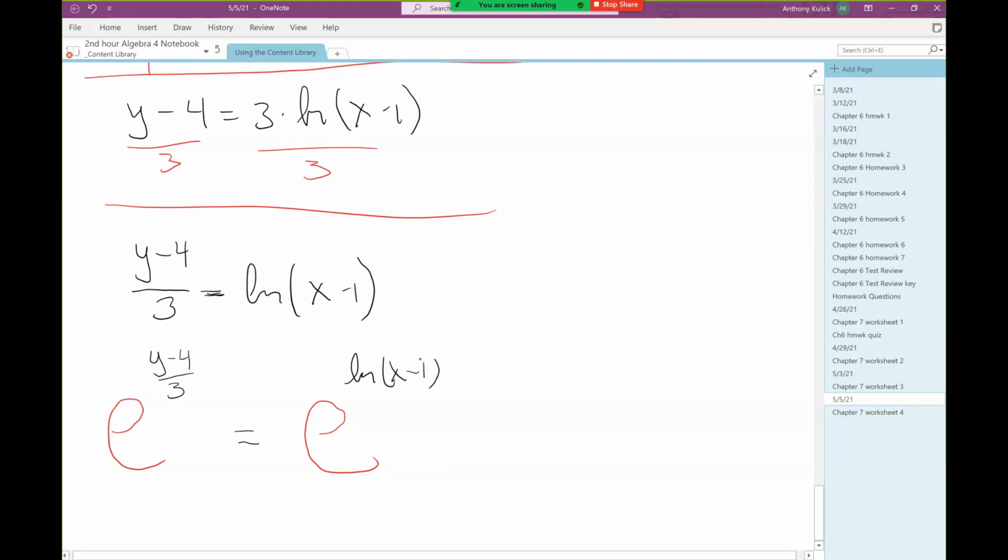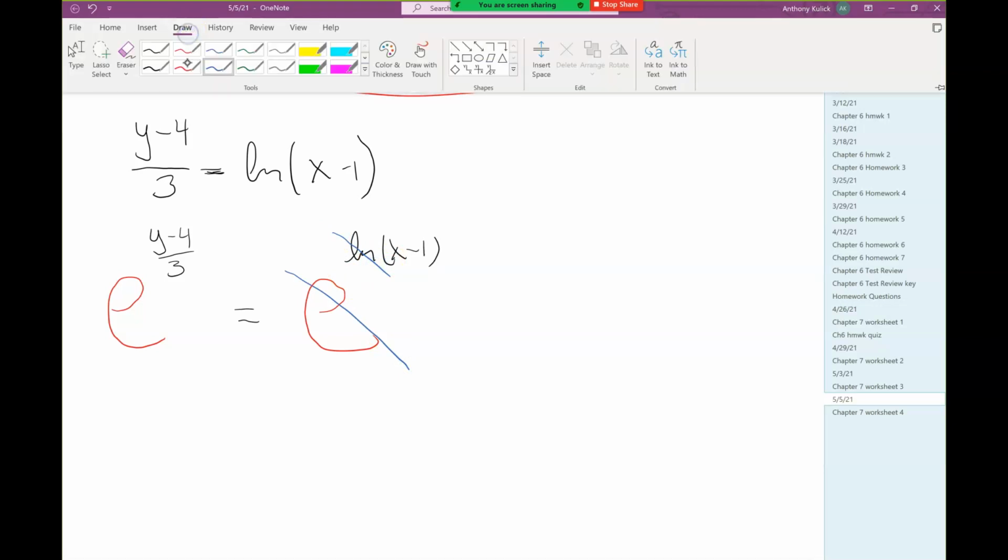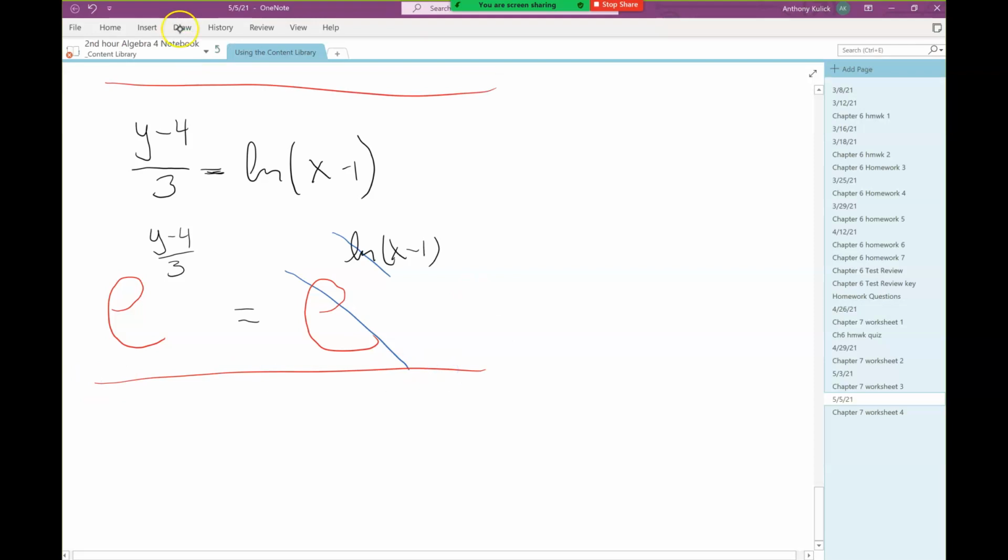I know that seems rather silly, but in my experience this helps, especially if you're going back to look at your notes, so you're not confused about multiplication versus an exponent base. So that e is going to cancel the ln. So we have e to the (y minus 4) over 3 equals, and then everything in the logarithm is still left, so I have x minus 1.